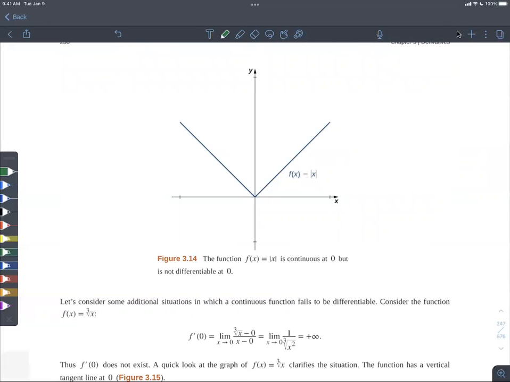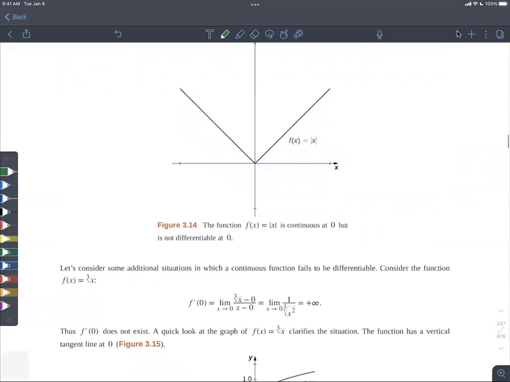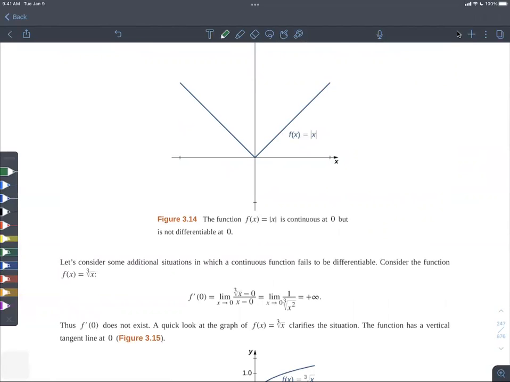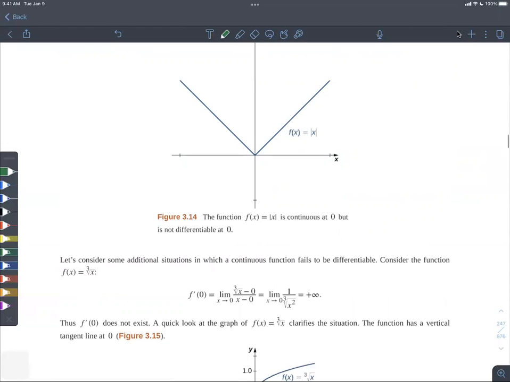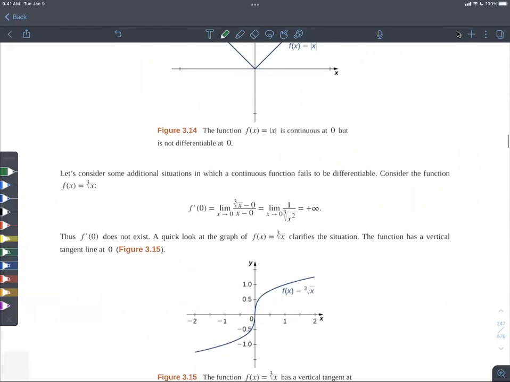Consider the function f of x equals the cube root of x. We can look at the derivative function at 0, f prime of 0, similar to what we did with the absolute value of x.